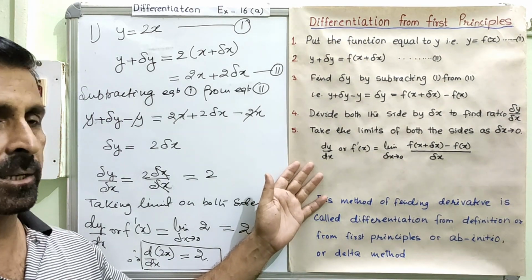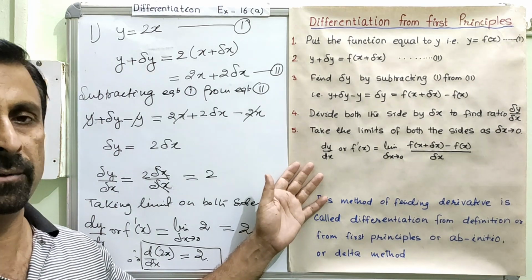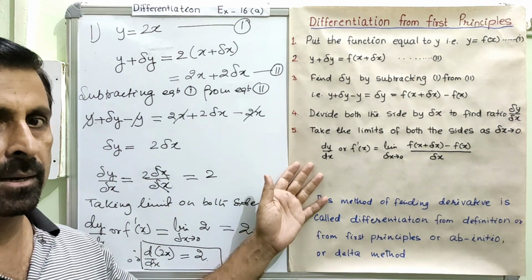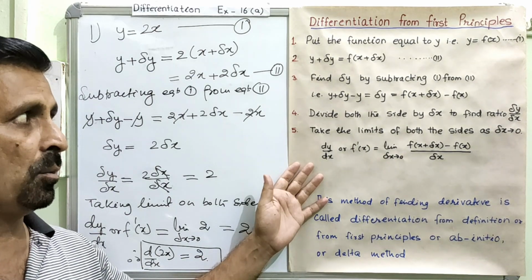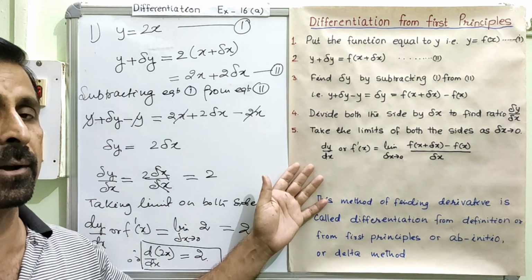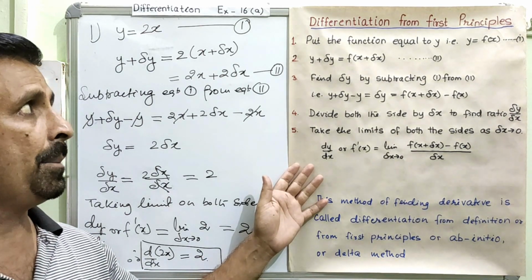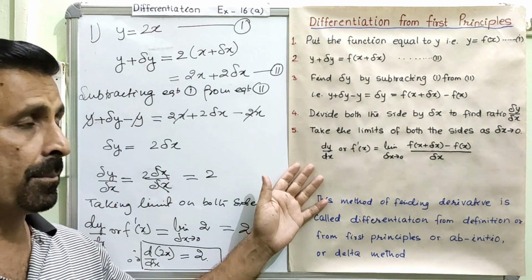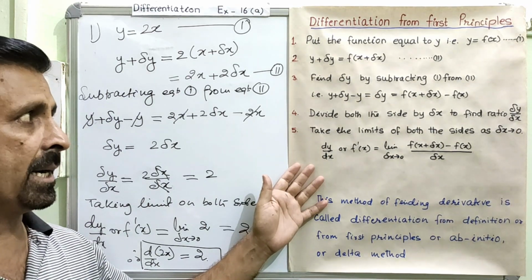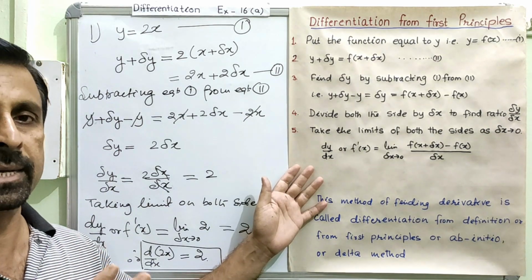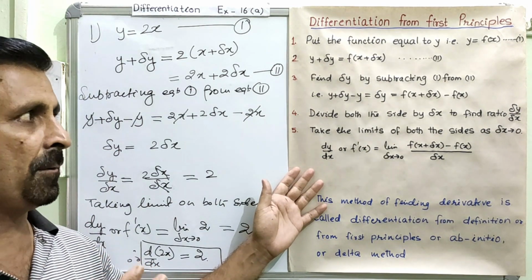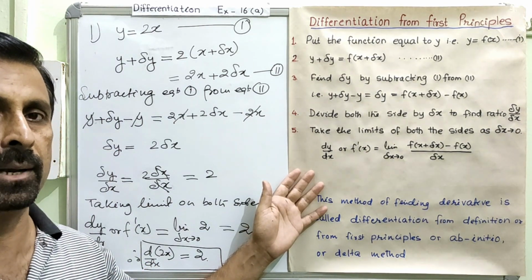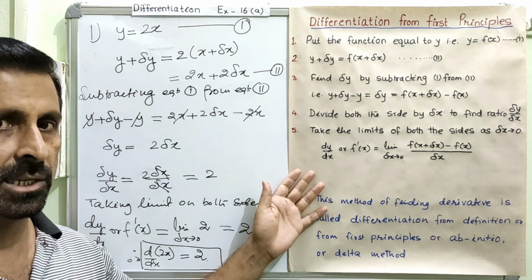Not only by using the first principle, in fact in differentiation we will learn many more methods, and then I am pretty sure that you will not find any complication, any difficulty. You might have heard so many things about differentiation from your senior friends, but I can give you a guarantee that you will definitely like it, you will enjoy, and you will feel very proud to say that I am comfortable, I am good in differentiation.